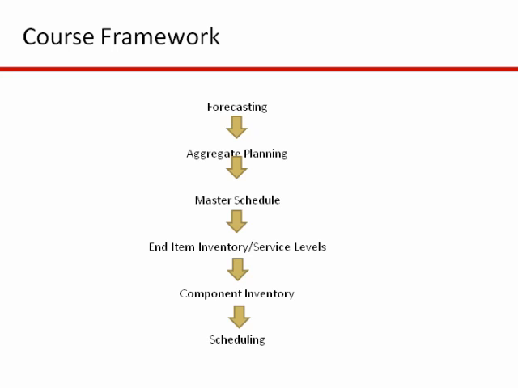So at the master schedule level, you have end item demand. It's no longer aggregated. All right, so now we're at the point where we have to look at each item, and then we have to decide how much inventory we need to store at the end item level.